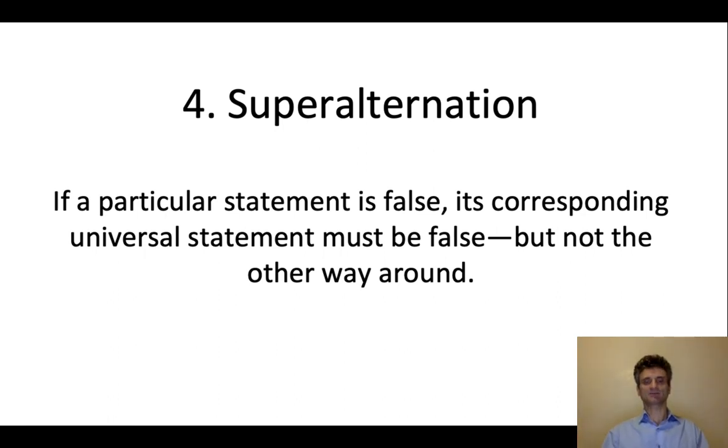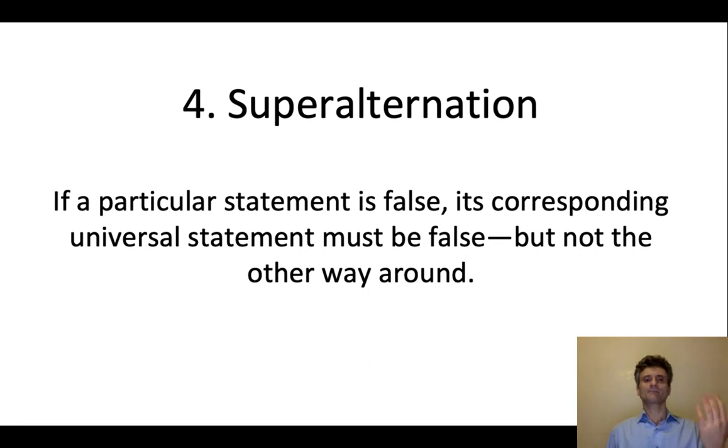Remember, as I explained it, falsehood travels upward. Falsehood goes up. So by superalternation, if the particular is false, the corresponding universal must be false, but not the other way around.